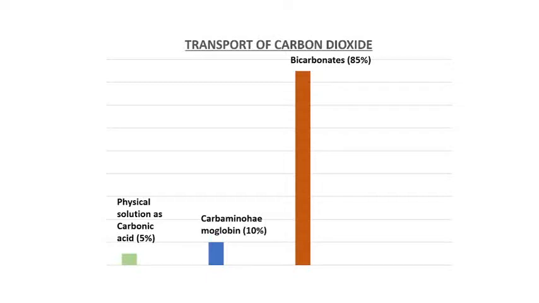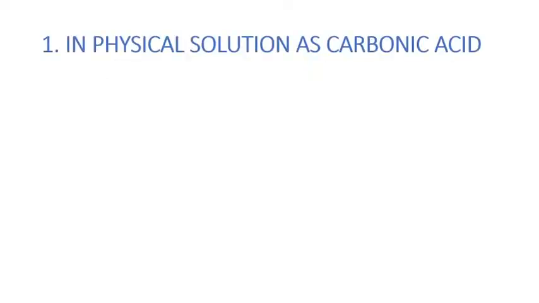The first form is that carbon dioxide is transported in physical solution as carbonic acid. Carbonic acid is formed by the combination of carbon dioxide and water. The carbon dioxide which is formed in tissues is going to diffuse freely into the plasma, and there it combines with water and forms carbonic acid.